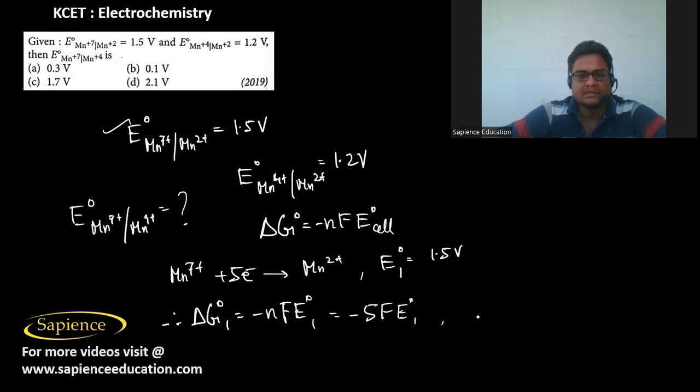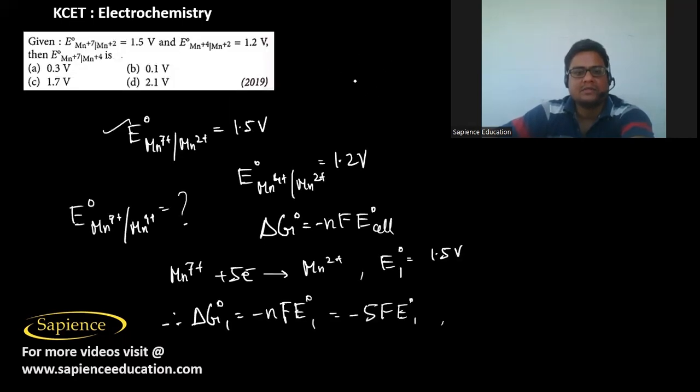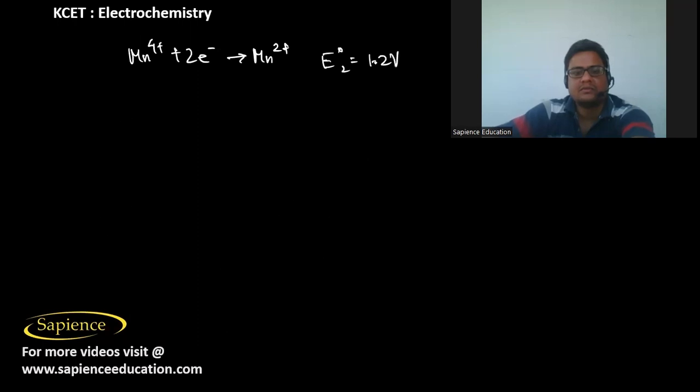Similarly, in the second reaction, Mn4 plus will gain 2 electrons to form Mn2 plus. And here the E naught 2 is given as 1.2 volts. Now therefore delta G naught 2 will be equal to minus NF E naught 2.